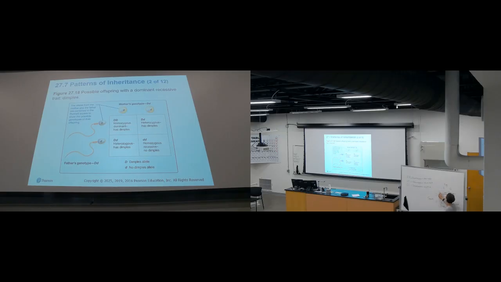Sorry, yes, heterozygous. Now, what about the phenotype for this? Homozygous recessive? Yeah, it's the same as this, but what about the phenotype? No. So then you can say easily 50-50, 50% dimples, 50% no dimples.